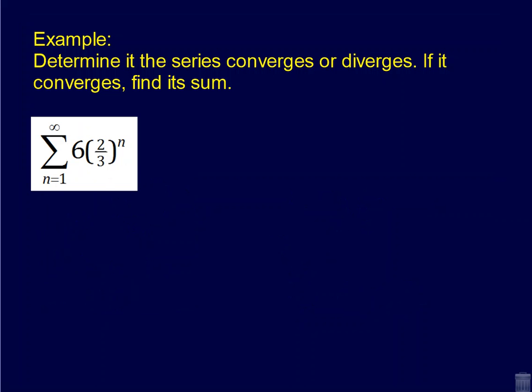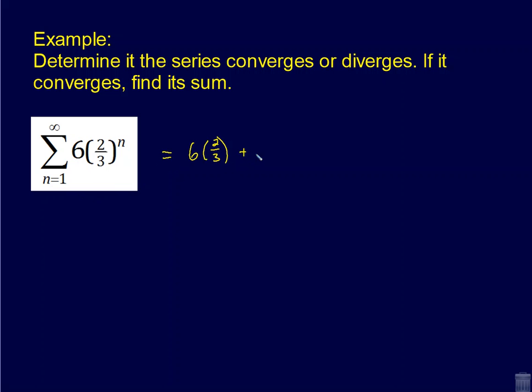Okay, so I've got a series here that I want to decide if it converges or diverges. Let's first decide if it's even a geometric series at all, just by writing out the first few numbers. This one says to start with n equals 1 and take 6 times 2/3 to the n. Well, the first term is going to use n equals 1 and be 6 times 2/3.